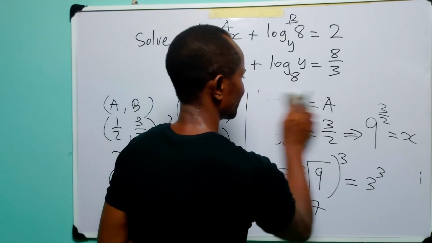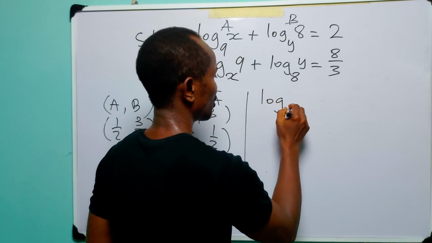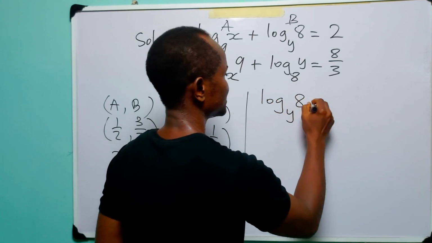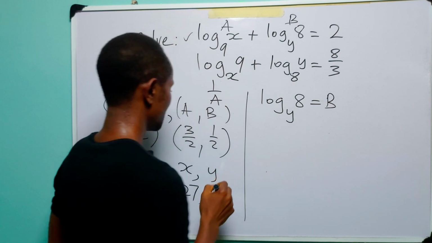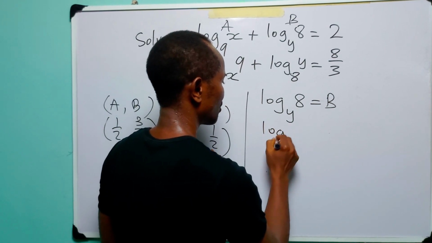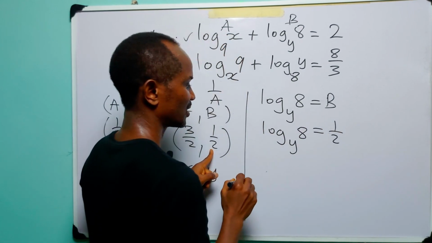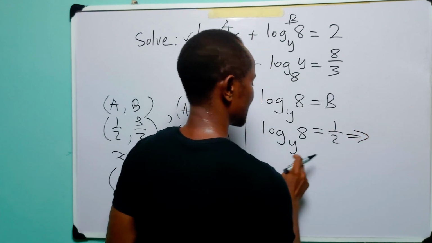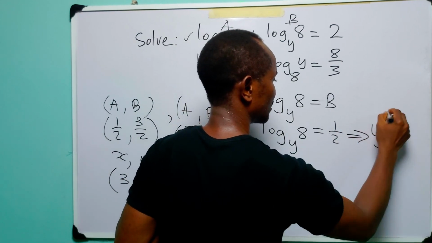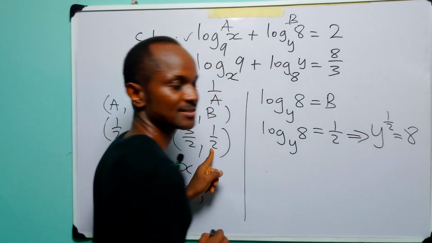We go on to calculate the value of y from this equation. So we have that log base y of 8 is equal to b. And in this case, b is equal to half. So we have that log base y of 8 is equal to half. Once more, this simply means that y to the power 1/2 is equal to 8.